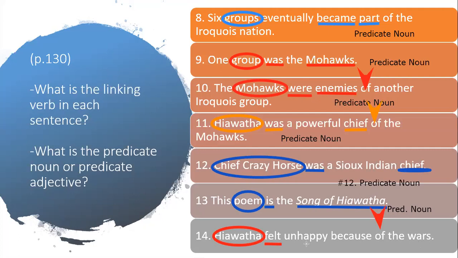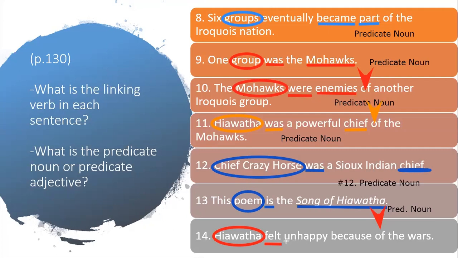We can either ask, Hiawatha felt how? Oh, Hiawatha felt unhappy. Okay. Or we can just do it the other way, which is where we add the adjective in front of the subject and we say, unhappy Hiawatha? That makes sense as well.